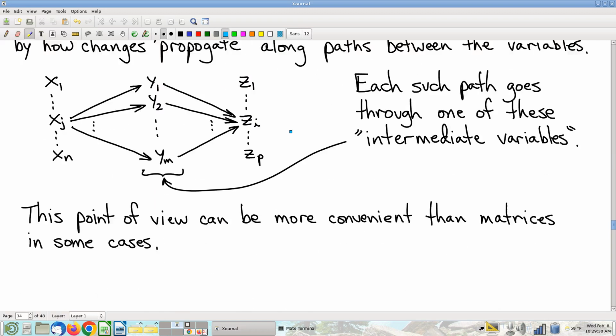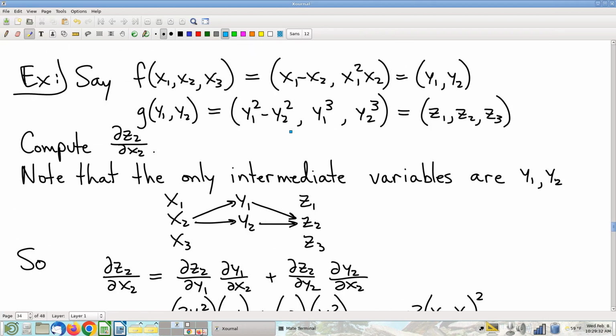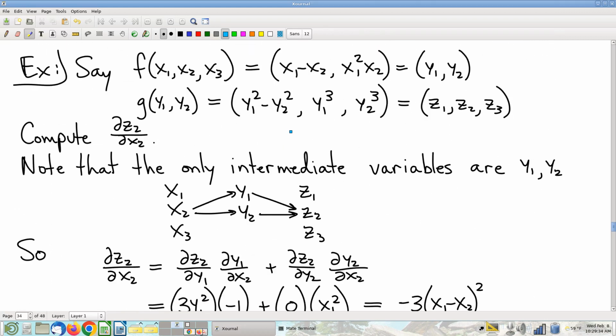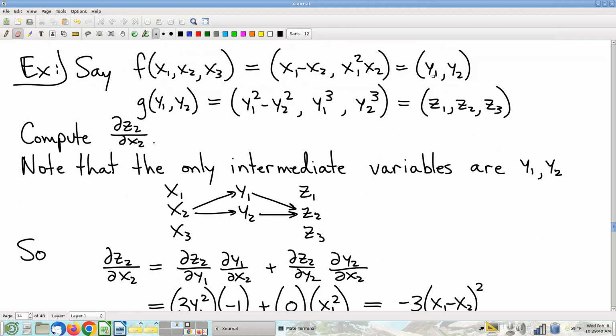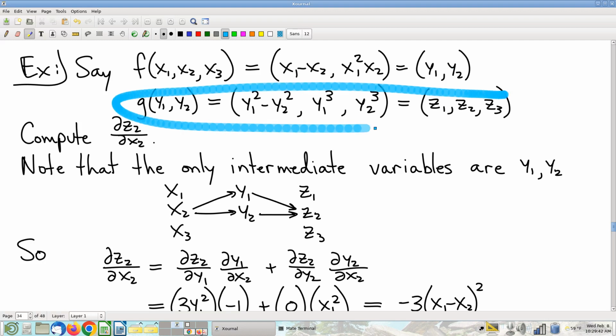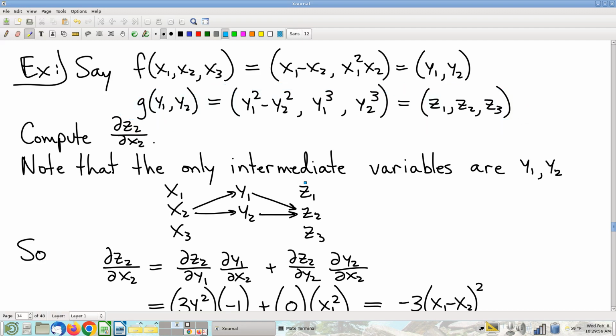All right. So here's an example. We've got the y's as functions of the x's, and then the z's are functions of the y's. It's our usual, most convenient, most alphabetically satisfying arrangement of the variables. And here's my diagram that represents it.